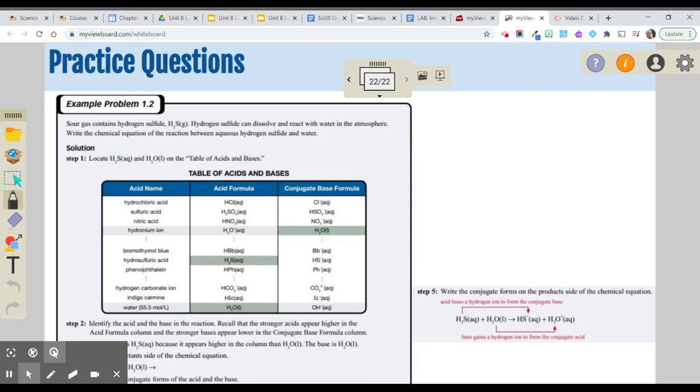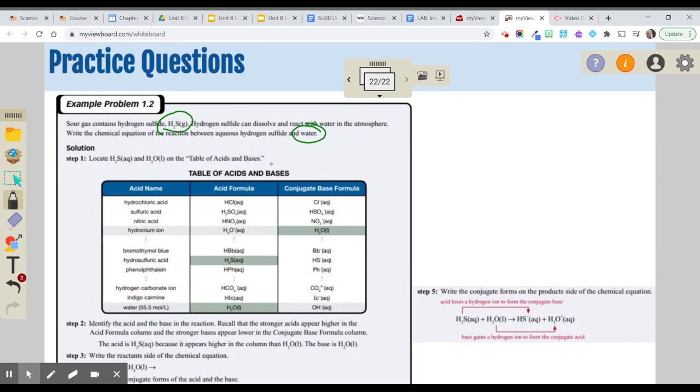The question says we have sour gas which contains hydrogen sulfide, and it can dissolve in water. So write the chemical equation of the reaction between aqueous hydrogen sulfide and water. So we have 2 substances, and we need to figure out what's our acid, what's our base, and what this reaction is going to look like.